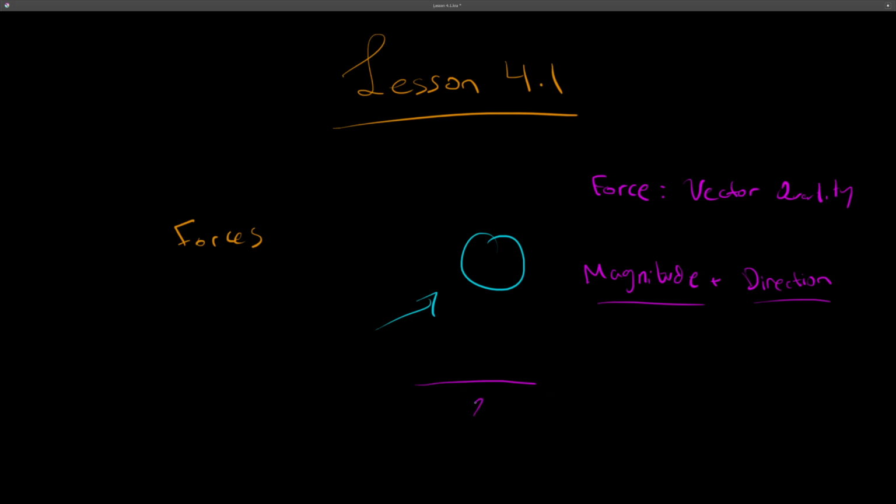So the length of the arrow represents the magnitude, and where it's pointing represents the direction. So if I have a small arrow here, I have a small magnitude pointing in the right direction, and if I have a larger, lengthier arrow, then it has a greater magnitude, and I could change its direction. What you should also know about forces is that the SI unit of force is the Newton, symbolized with N.